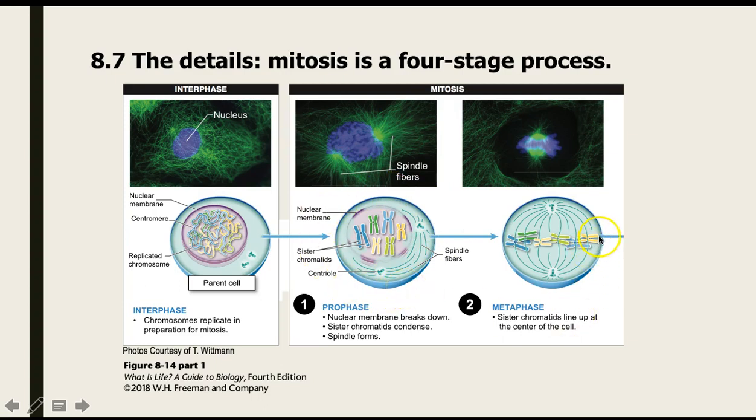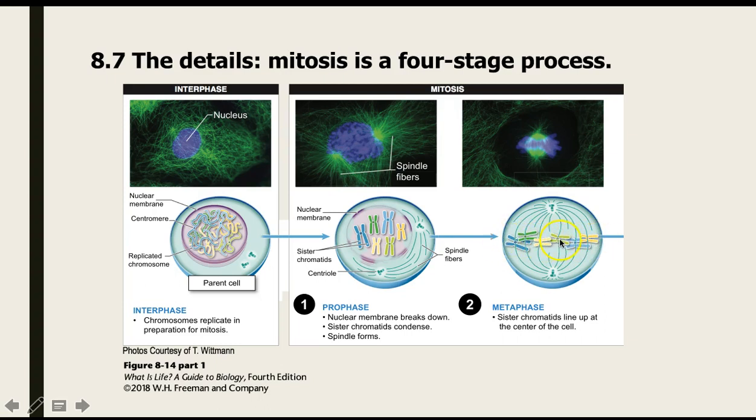The next is metaphase. Meta means middle, and these chromosomes are lining up in the middle. Notice that they're kind of lined up like this. If this is the head of the chromosome and this is the foot of the chromosome, they're kind of lined up head to foot. There's a little bit of overlap there, but they are still separate chromosomes. They're just lined up in the middle. Also notice the centromeres kind of are in the center of that cell.